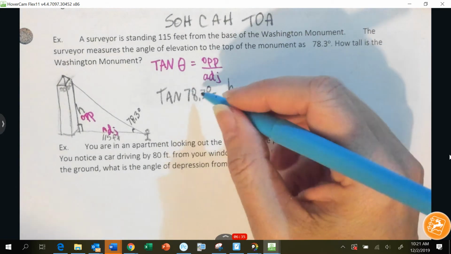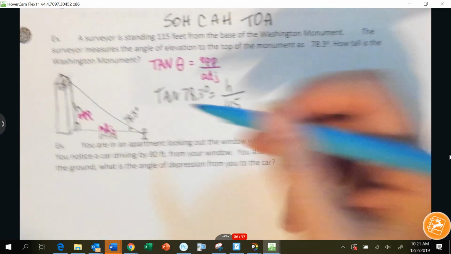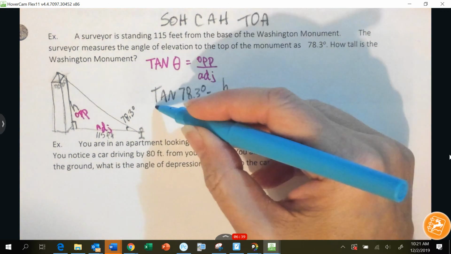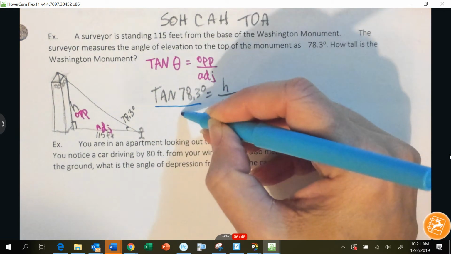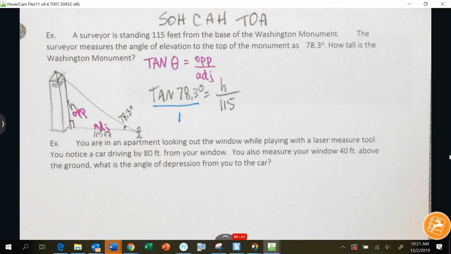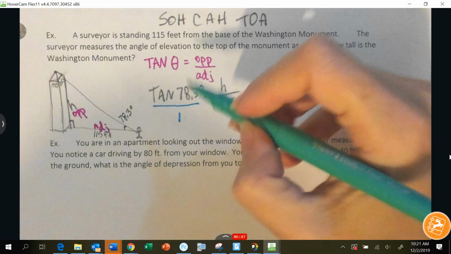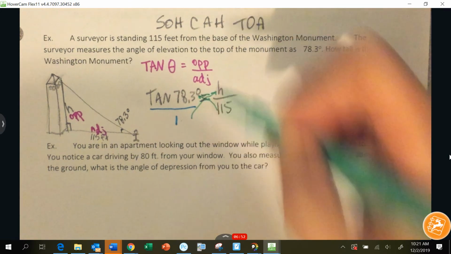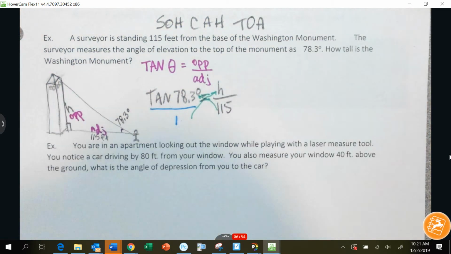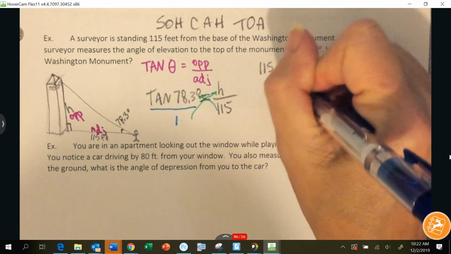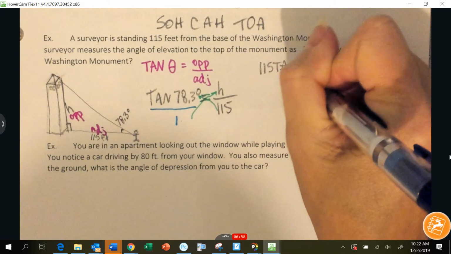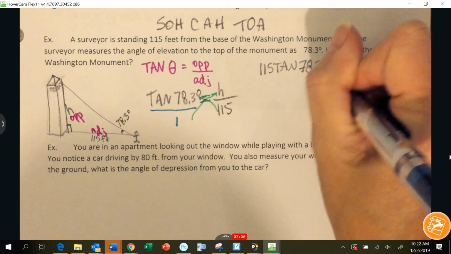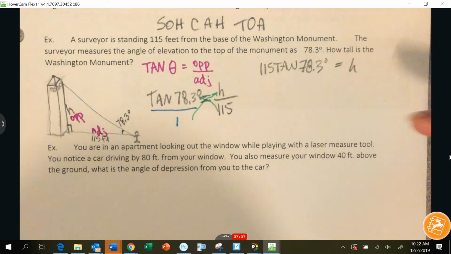This is always going to be one thing here and two things on the side. So I always put this over one, and then I cross multiply to solve. I multiply across that bridge. See that bridge in the middle? Cross multiply through that bridge, and I get 115 tangent 78.3 equals h. So we're solved for h.